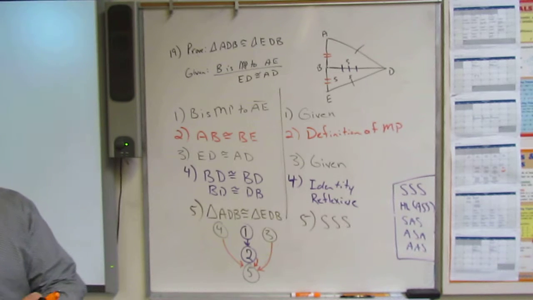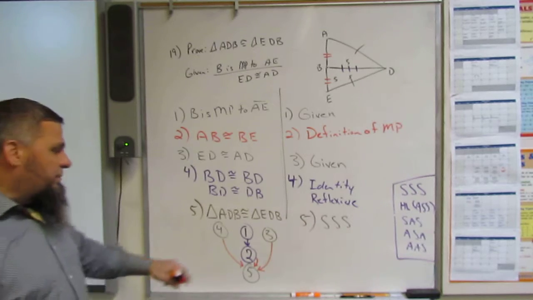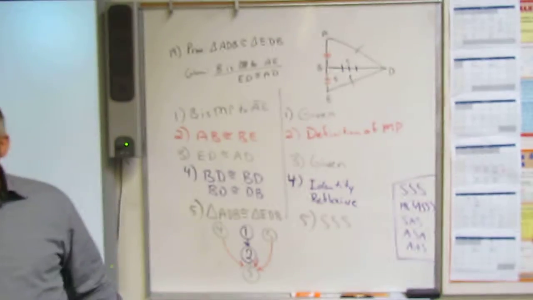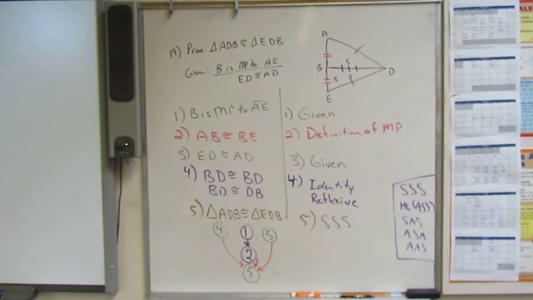So this is a very complex flow chart. Probably the most complex one that you'll have. Usually it'll be like 1 to 2 to 3, and then you'll have 4 and 5, and then 5 and 3 go to 6 or something like that. But this one's a little bit more complex.